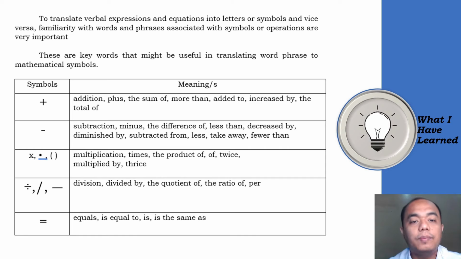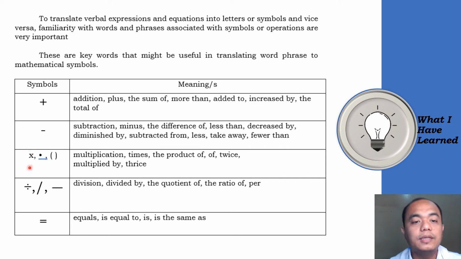So for symbol plus, we will have addition: plus, the sum of, more than, added to, increased by, the total of. The symbol for subtraction, minus: the difference of, less than, decreased by, diminished by, subtracted from, less, take away, fewer than.